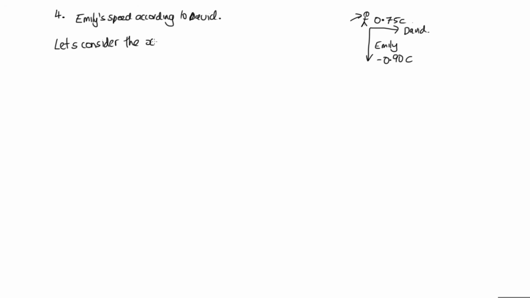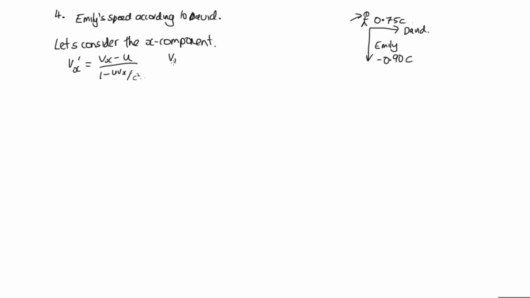Now we know for x, vx prime is equal to vx minus u over 1 minus u vx on c squared. So what we need to do now is work out what each of these things means in this situation. We're trying to go from this frame to David's frame and measure Emily's speed. So Emily's the object that's moving that we're measuring, and David is the new frame.